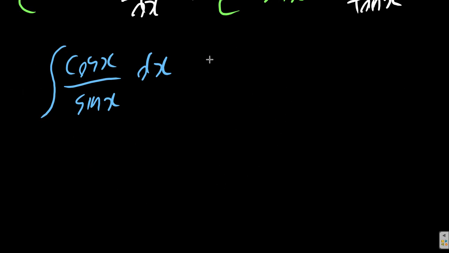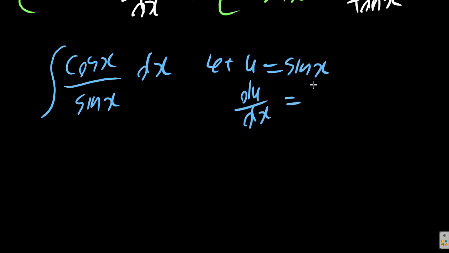So let's do that. Let u be equal to sine x. Therefore, du by dx is equal to, when you differentiate sine, you get cos. When you differentiate cos, you get negative sine. So if you integrate negative sine, you get positive cos. Therefore, if you integrate positive sine, you get negative cos. So it's negative cos x.